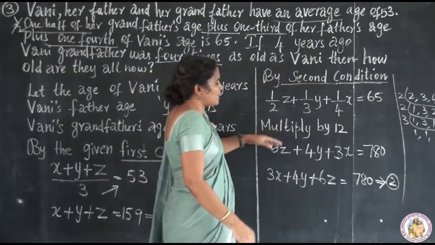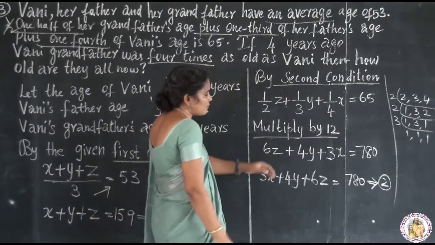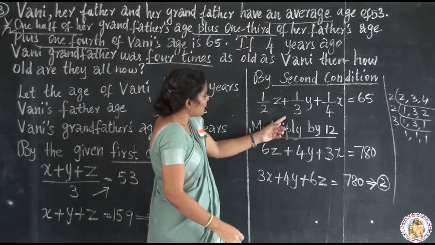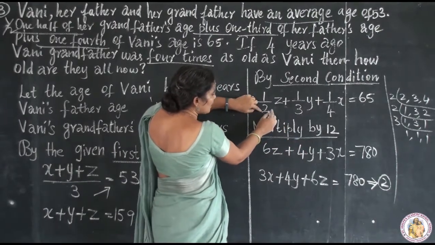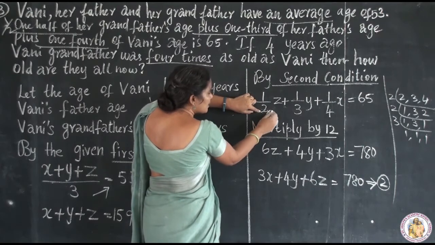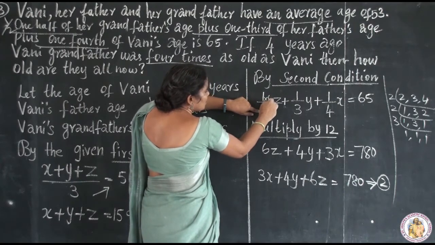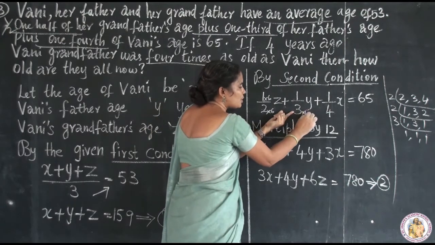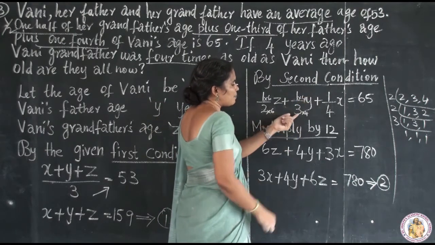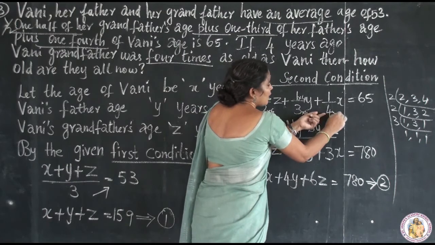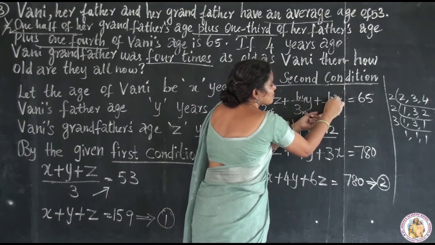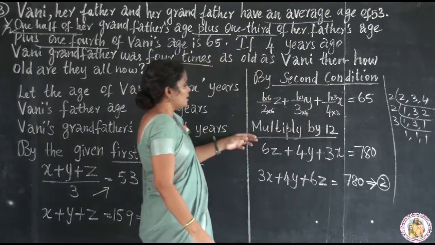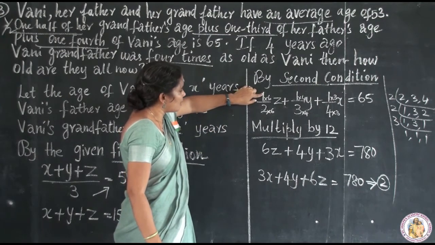So the LCM is equal to 12. Multiplying by 12, here we have 2; to get 12 we have to multiply with 6. With 3, we have to multiply with 4 to get 12. With 4, I have to multiply with 3.